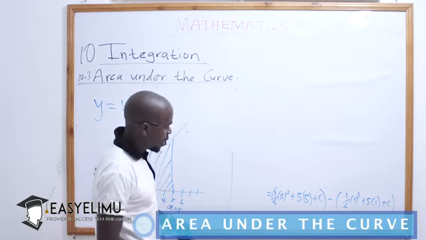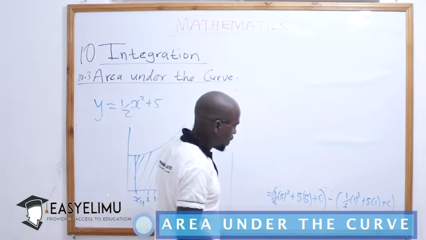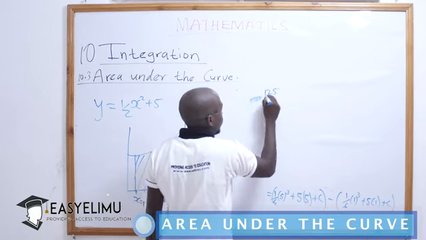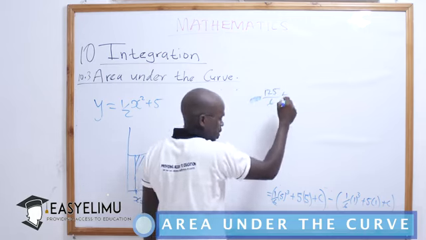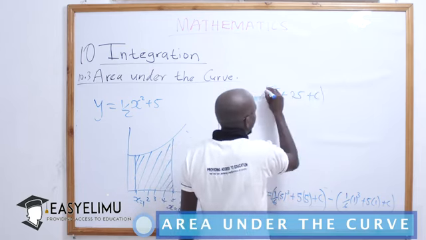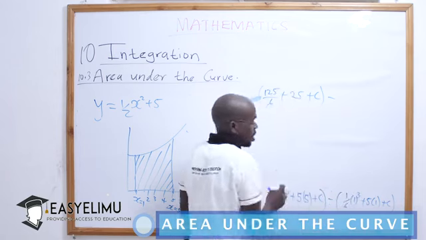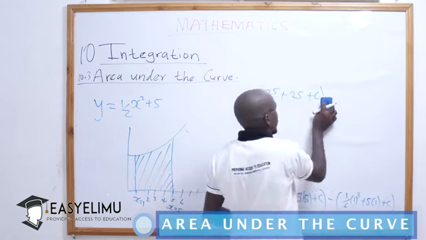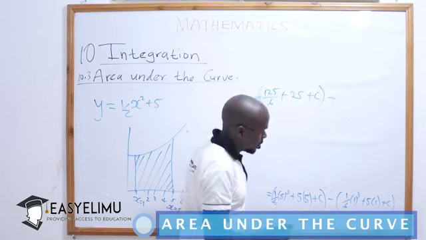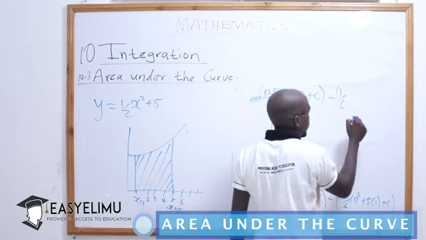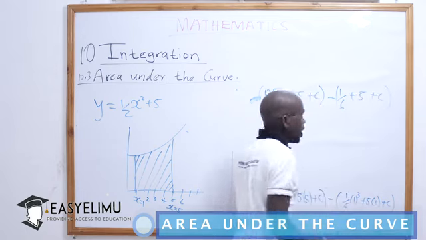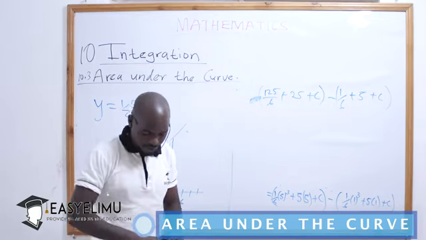From that section, we can identify that 5 cubed is 125, so we are going to have 125 over 6 plus 25 plus c. Then we subtract. It's better to remove the brackets. Minus 1 over 6 plus 5 plus c. Let's see what we find.